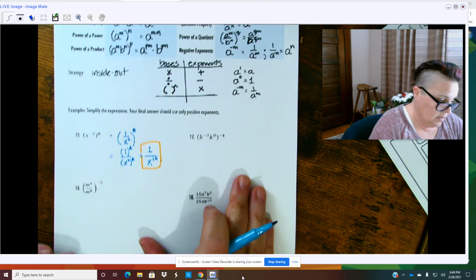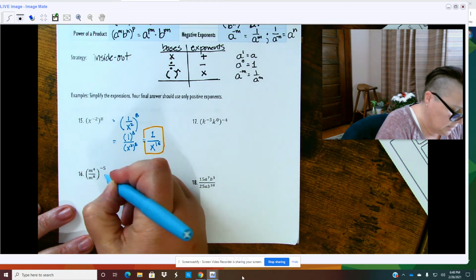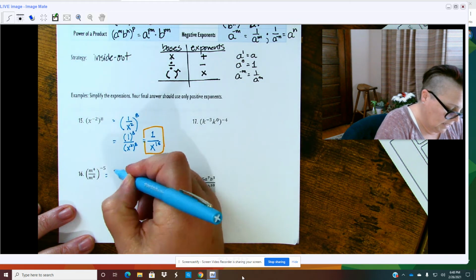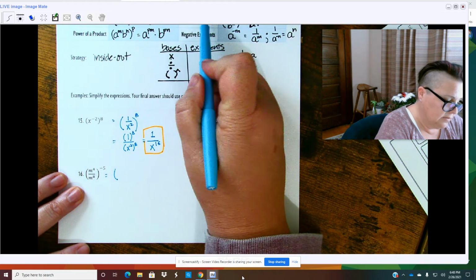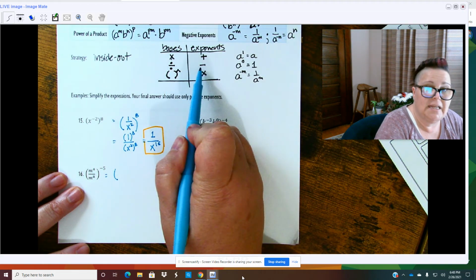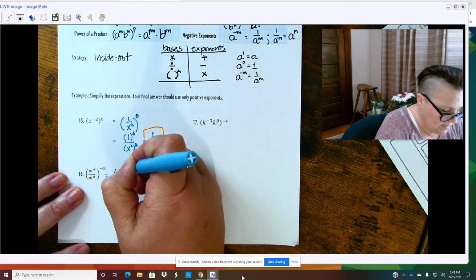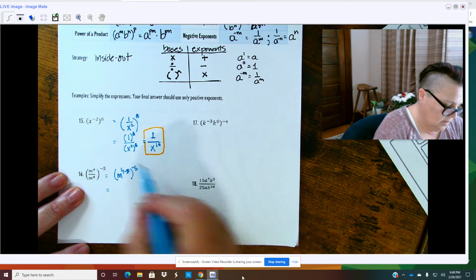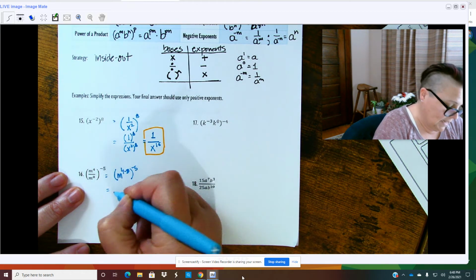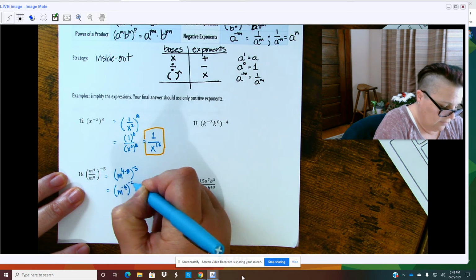Okay. Here we have m to the 4th over m to the 8th. If I work from the inside out, the bases are the same and they're being divided. So that means I can subtract the exponents. This will be m to the 4 minus 8, to the negative 5th. Inside out, 4 minus 8 is a negative 4, to a negative 5th.